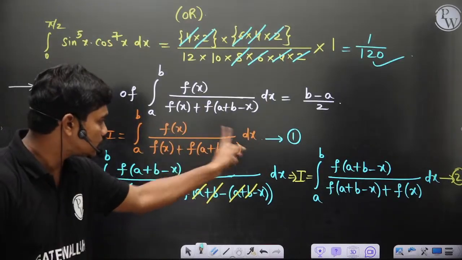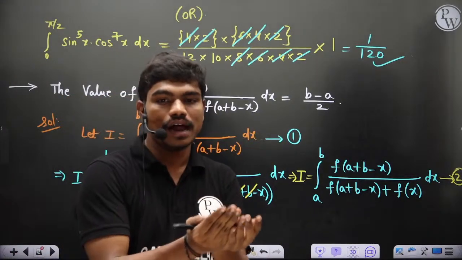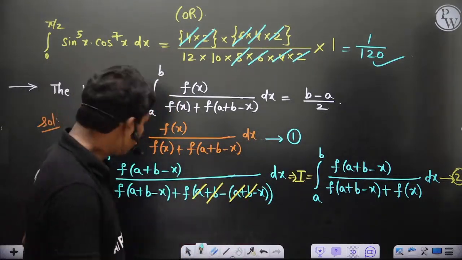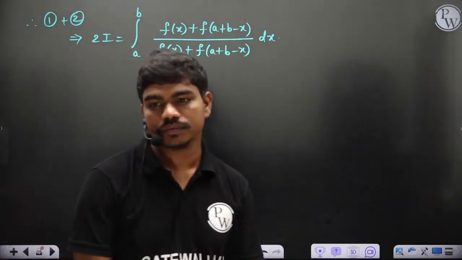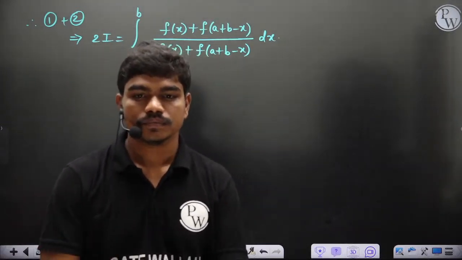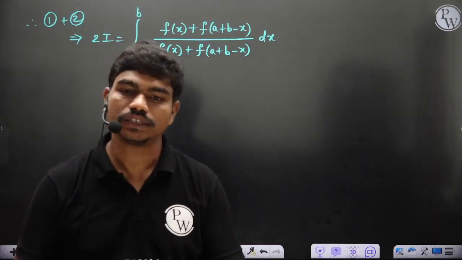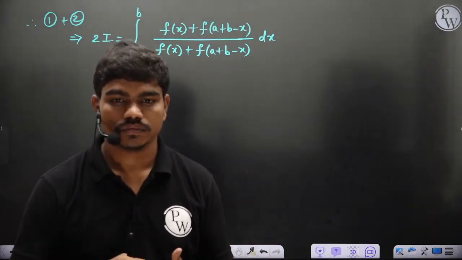Basically if I add these two, because the integration limits are the same, I can write both the integrands in the same integral, and the denominator is the same, so I can just add up the numerators and bring this part. Is it clear to all of you? Please type in the chat box, is this clear to each and every one of you? Yes.